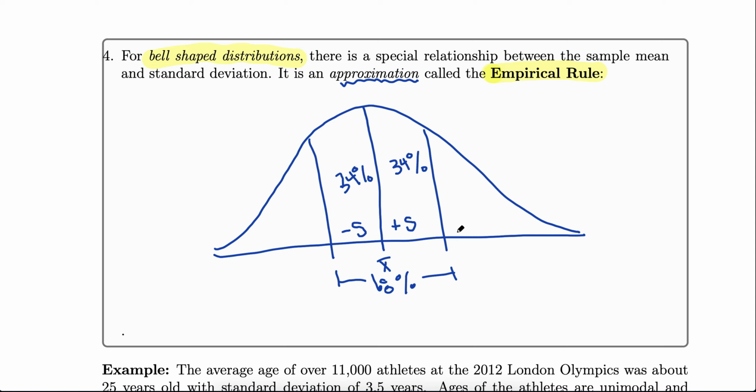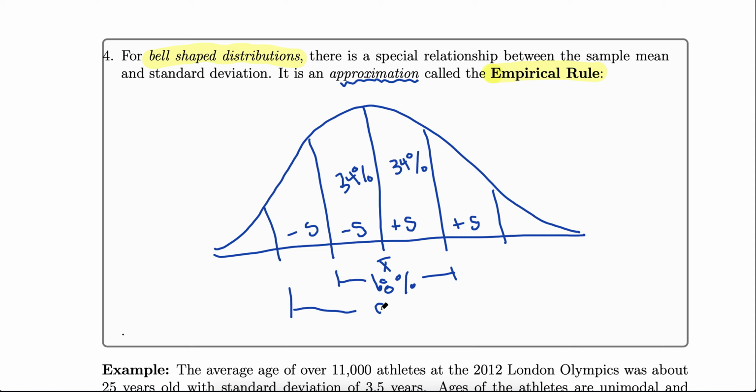All right, if we go another standard deviation in either direction, so add a standard deviation here and subtract another standard deviation here, now this interval represents going up 2 standard deviations and back 2 standard deviations from the mean.